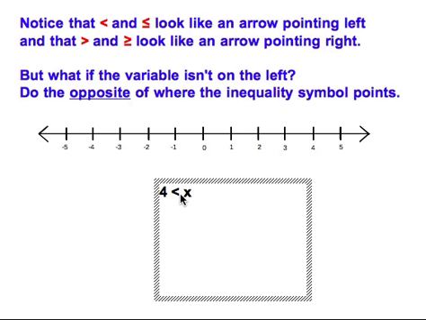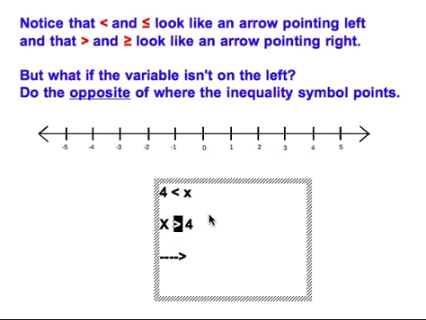Well, right now, I can do the opposite where my symbol is pointing to the left, so my arrow will point to the right. Or I think it's a lot less complicated if you just rewrite the inequality so that now the variable's on the left, I flip the sign, and now I know that my arrow is going to point to the right when I graph it because the tip of the arrow is facing in the right direction.